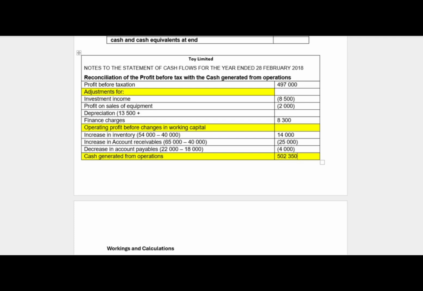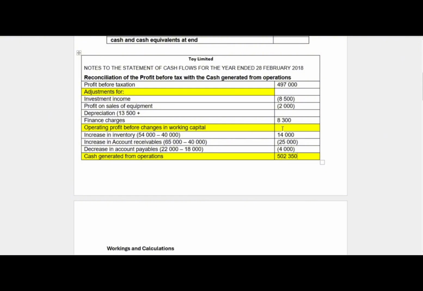So now we have the balance of 502,350. So we are able to get what? Depreciation. You see now, we are able to get depreciation right there, because remember, the right way of getting this is to start from operating profit before changes in working capital.